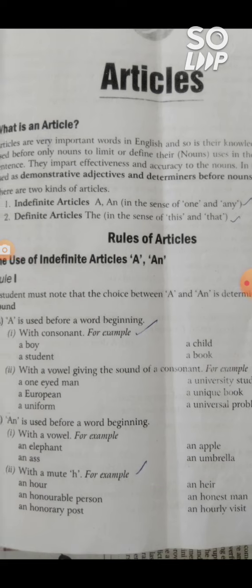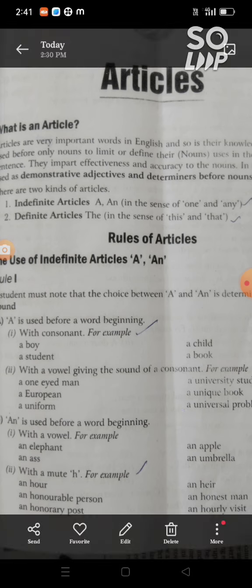For example, an elephant, an apple, an ass, an umbrella. You see the vowel sound. So that's why we use the article an before a vowel sound with singular countable nouns.